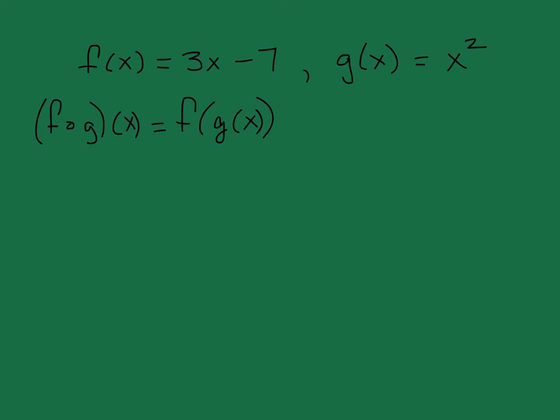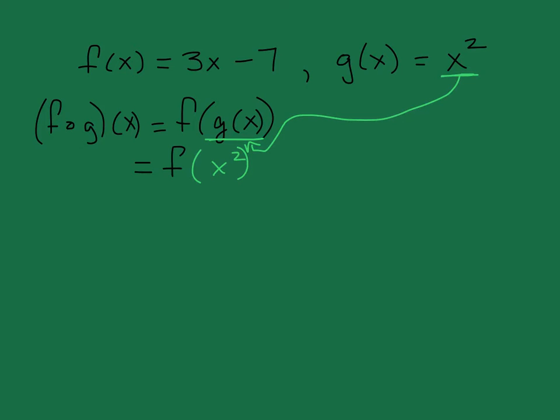So as in many things in math, we start inside the parentheses. So inside the parentheses here, I'm going to replace this g of x with what g of x is equal to. So in other words, x squared is going to go right there in place of the g of x. So doing that gives us our next step, which says f of x squared.